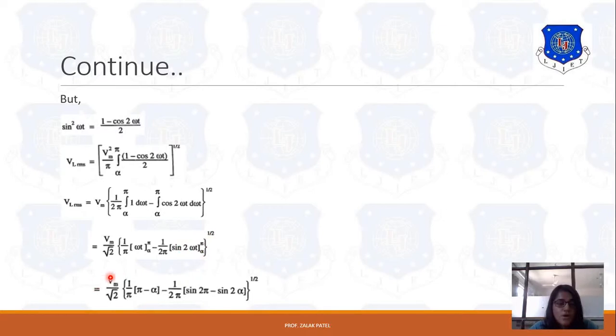Putting in the limits, it is pi minus alpha, minus 1 upon 2 pi, sine 2 pi minus sine 2 alpha. Now sine 2 pi is 0.